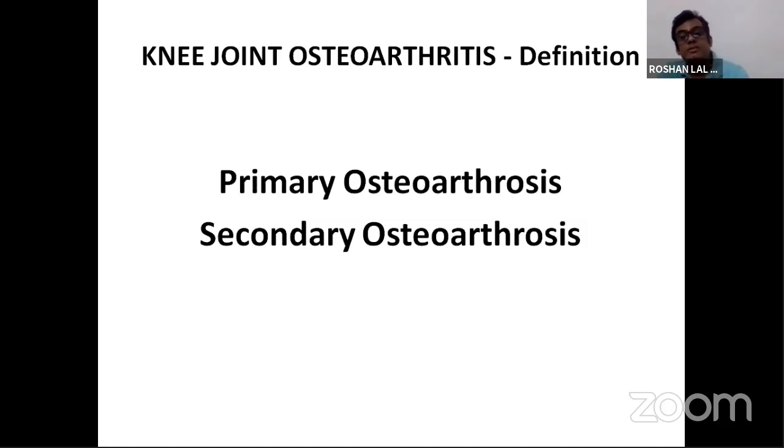Secondary osteoarthritis: the wear and tear process, or destruction of the articular cartilage, may be earlier than primary osteoarthritis. Say, primary osteoarthritis begins after the fifth decade. Secondary osteoarthritis may begin 10 to 15 years before primary osteoarthritis.